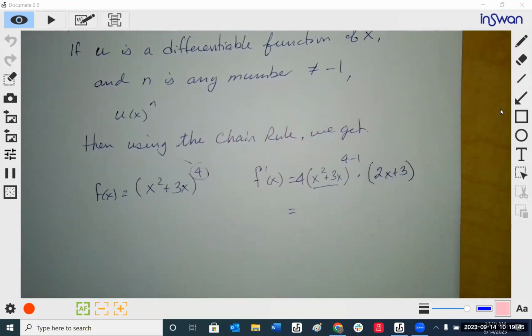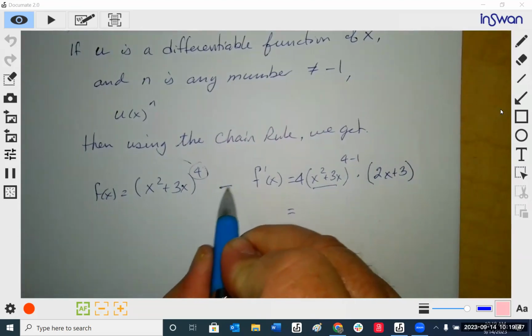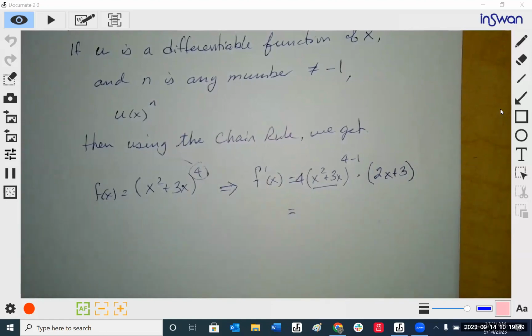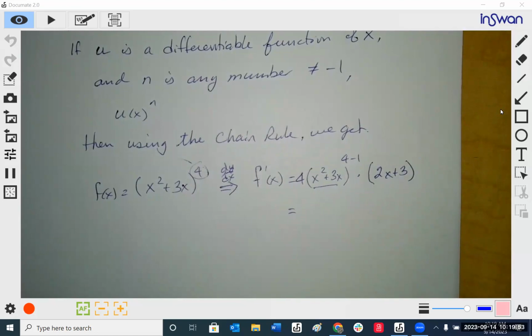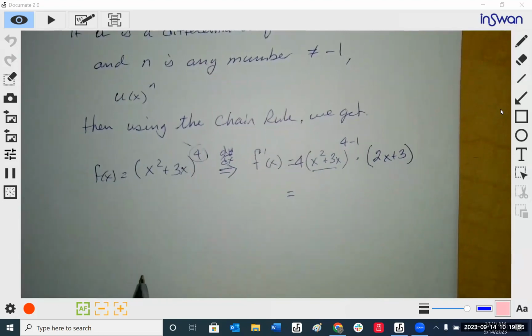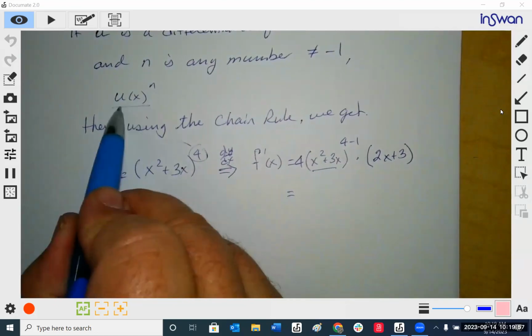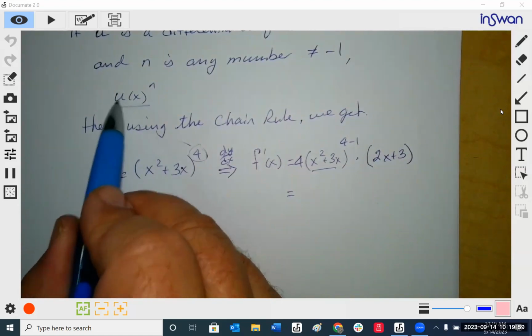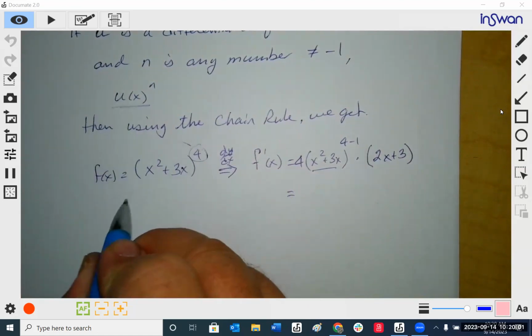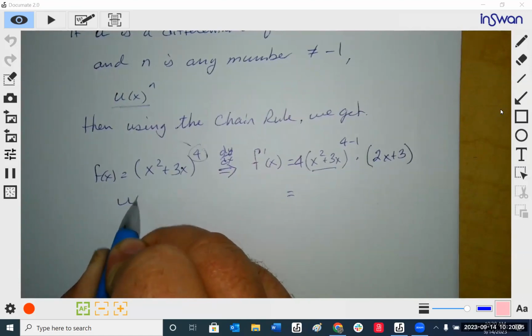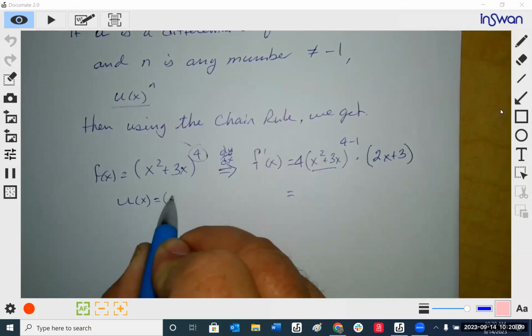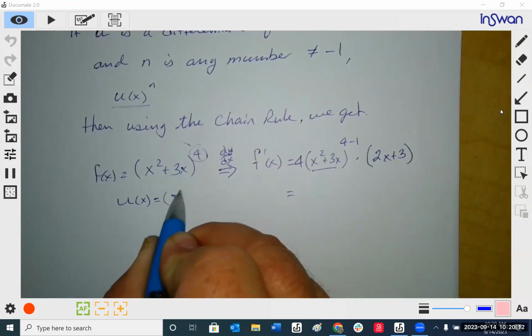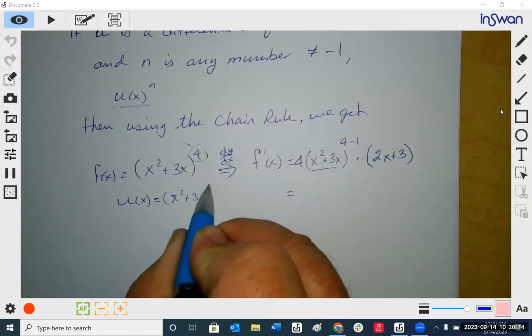So this is what we've been doing. This is finding derivatives. Now, remember, we're substituting the function u. So u of x is equal to that whole function, x squared plus 3x, to the fourth.